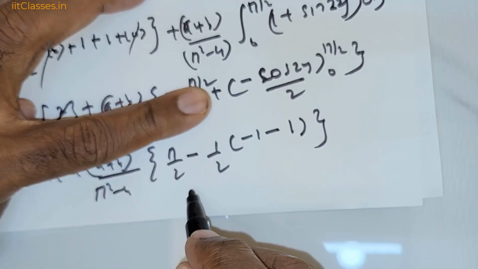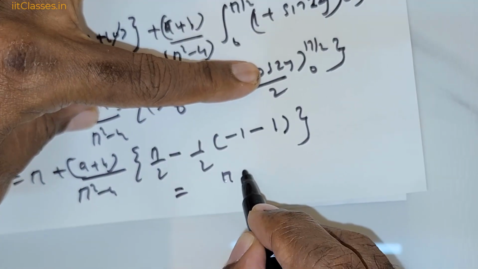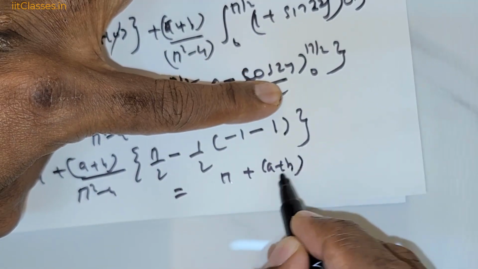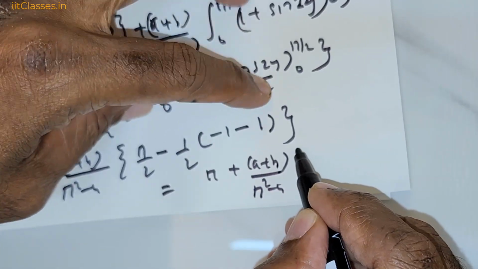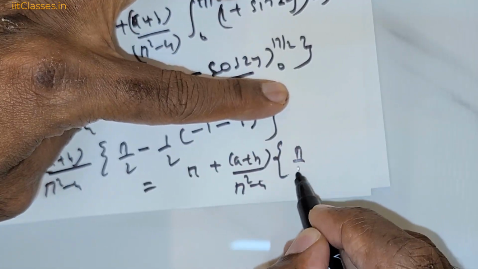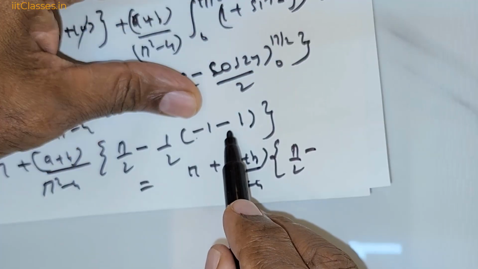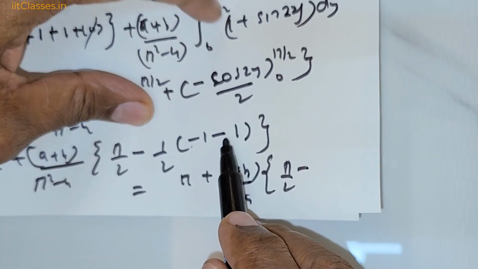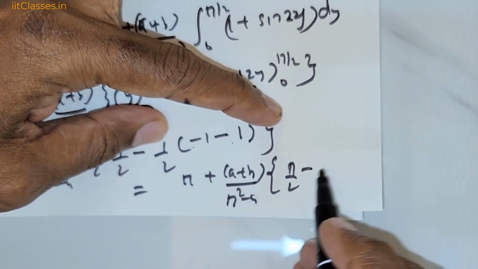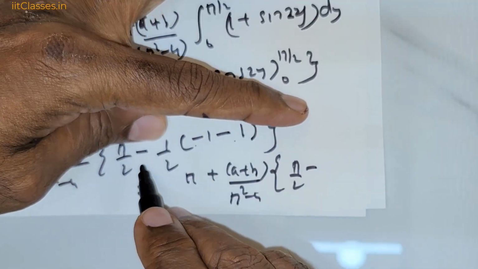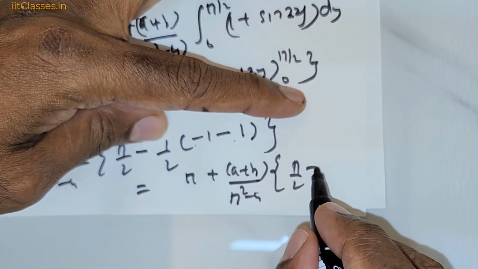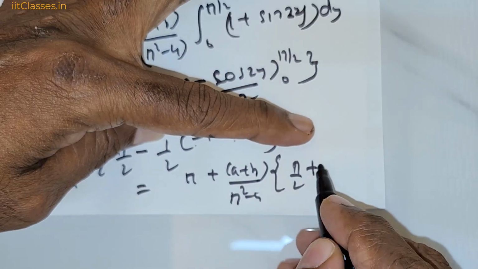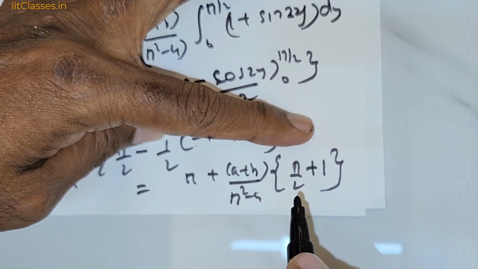So now what we can have is pi positive a positive b divided by pi squared negative 4. Now this is pi over 2, negative 1, negative 1 is added together. That's negative 2. And you have a positive negative 1 here. So that means you have a positive 1. So positive 1 is coming here.